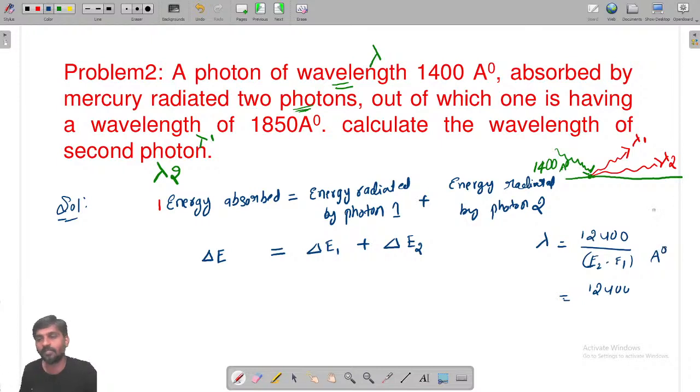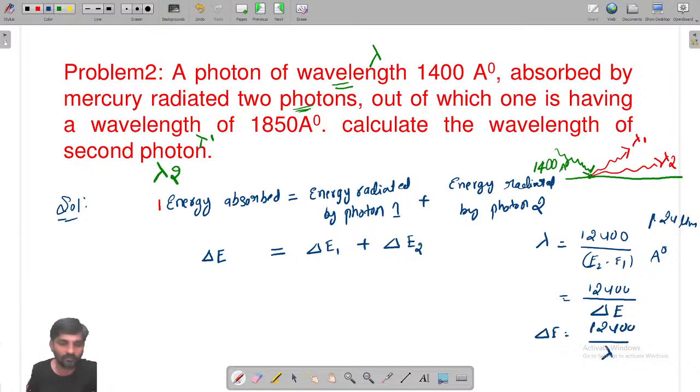If it is micrometers, it is 1.24 micrometers. So delta E is equal to 12,400 by lambda.